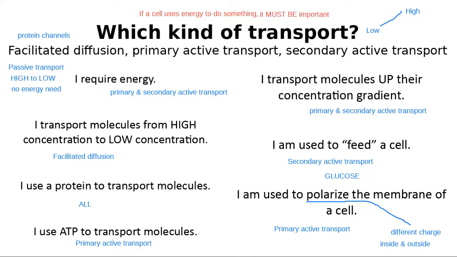So anything that we do with active transport, there's got to be an important reason that we're spending energy on it, whether it's making sure we're fed, making sure that we can send messages, or that we're different inside and outside.